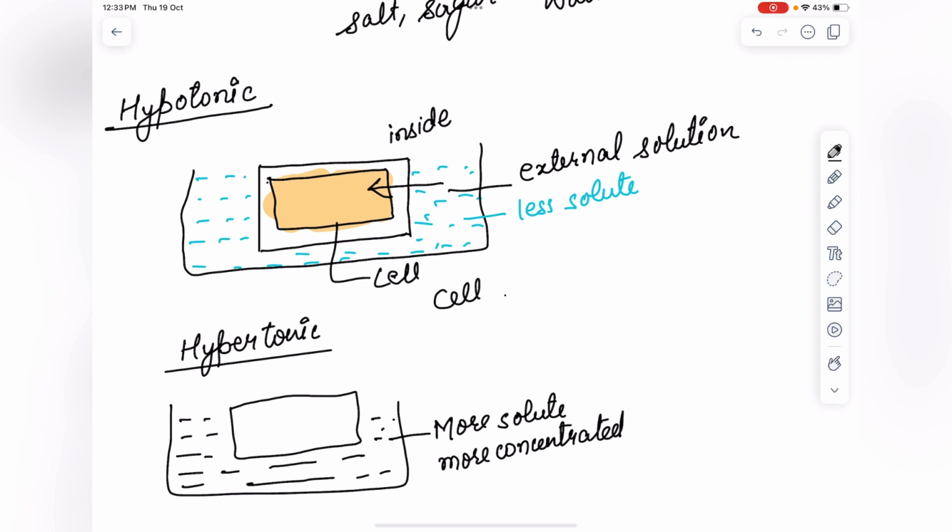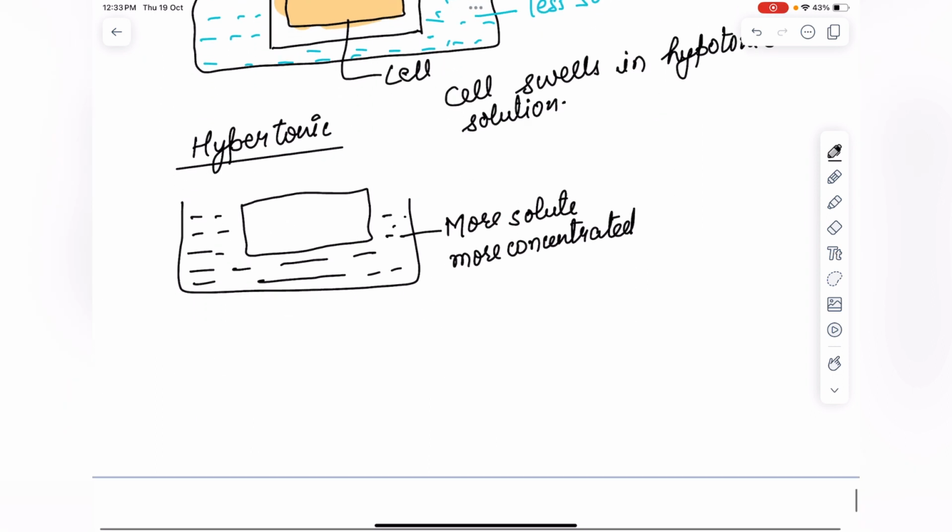Cell swells in hypotonic solution. And in the hypertonic case, the concentration of solute is more outside, so the movement of water will be from inside the cell to the solution.